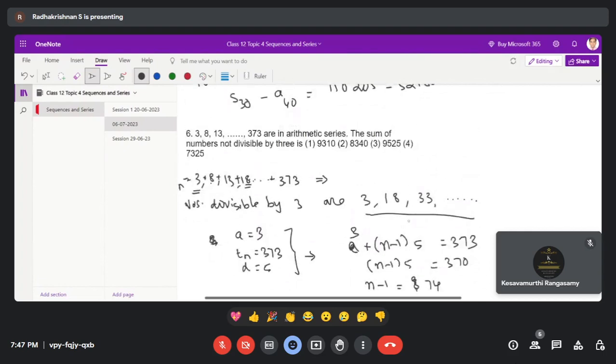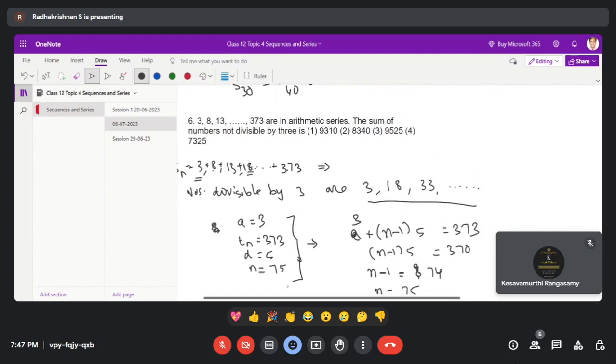Okay. So this is a series with A equal to 3, D equal to 5, Tn equal to 373, n equal to 75. So you can simply put the sum of this series.